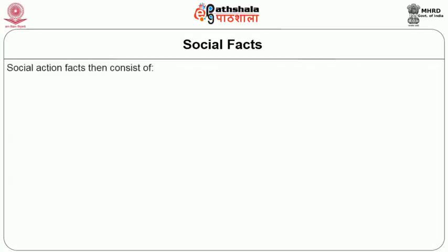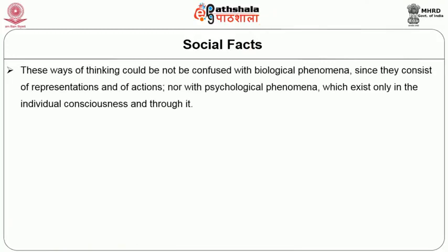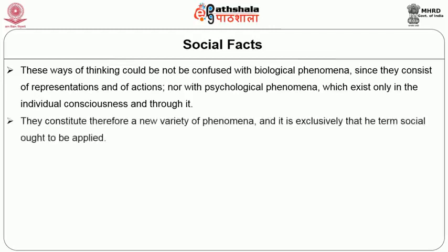Social facts then consist of ways of acting, thinking, and feeling external to the individual. These ways of thinking could not be confused with biological phenomena, since they consist of representations and of actions, nor with psychological phenomena which exist only in the individual consciousness and through it. They constitute therefore a new variety of phenomena, and it is exclusively to these that the term social ought to be applied.